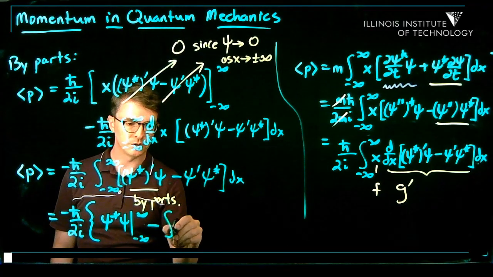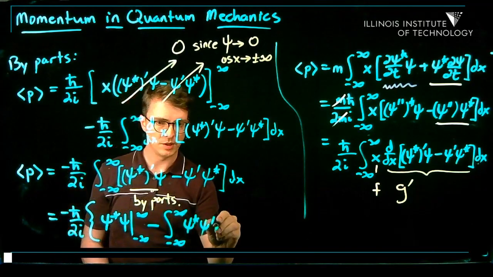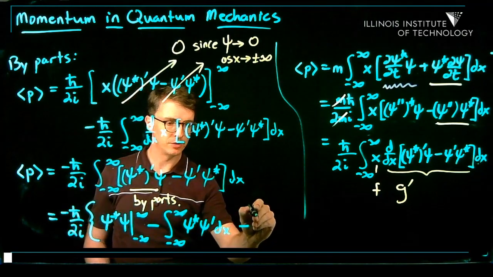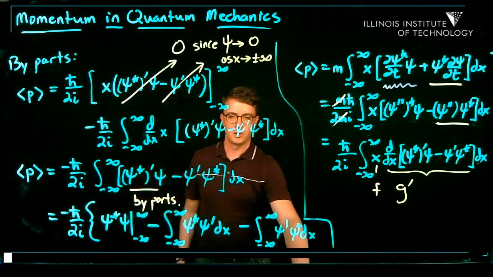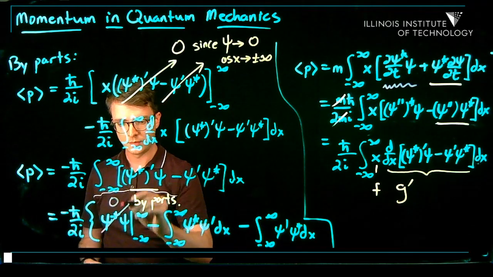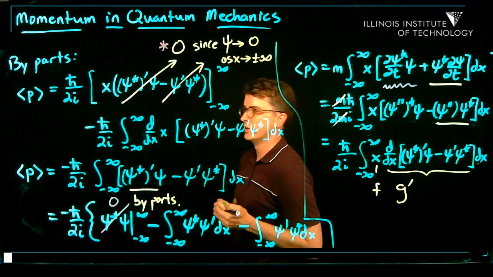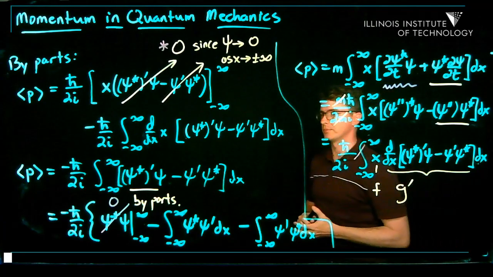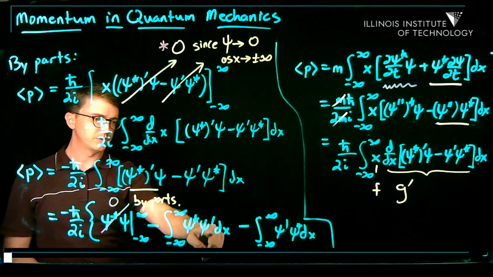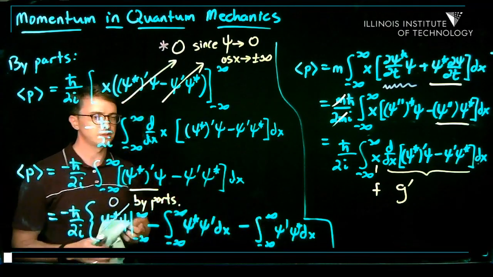And then I've got the term where the derivative is acting on the other function, psi dx. And then this term I still have, this term I didn't touch. Okay, this term goes to 0 again for the same reason as up here. Psi goes to 0 as x goes to plus or minus infinity. And these two terms are the same: psi prime psi star dx, psi prime psi star dx.